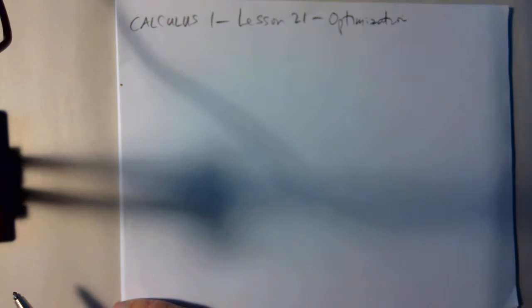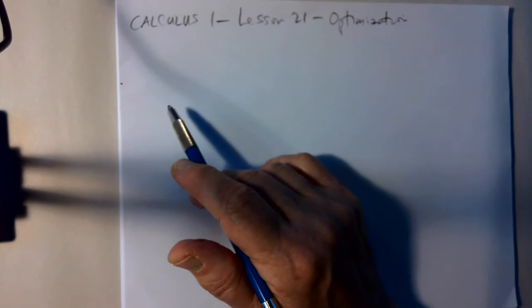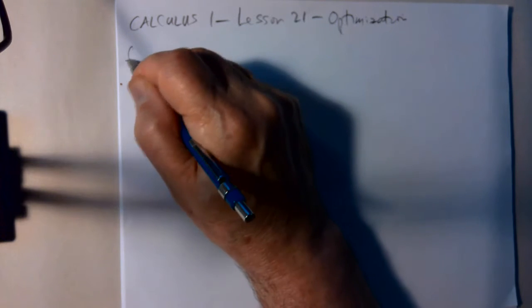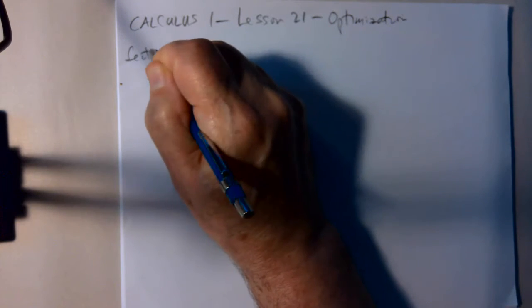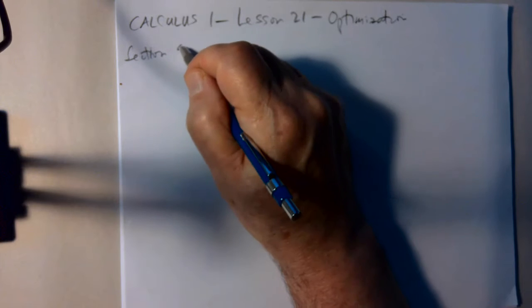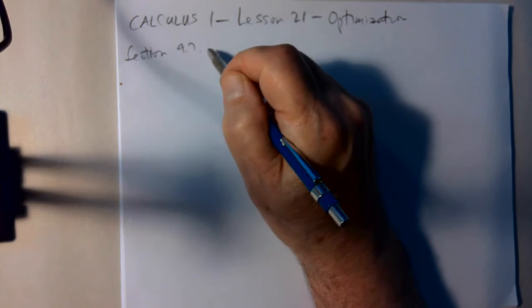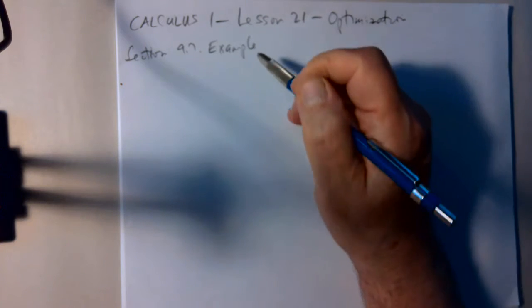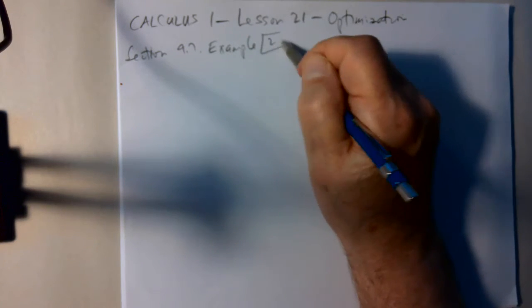So let us start with the following very nice problem. Suppose we have a parabola. So this is in section 4.7 of the book, Example 2.